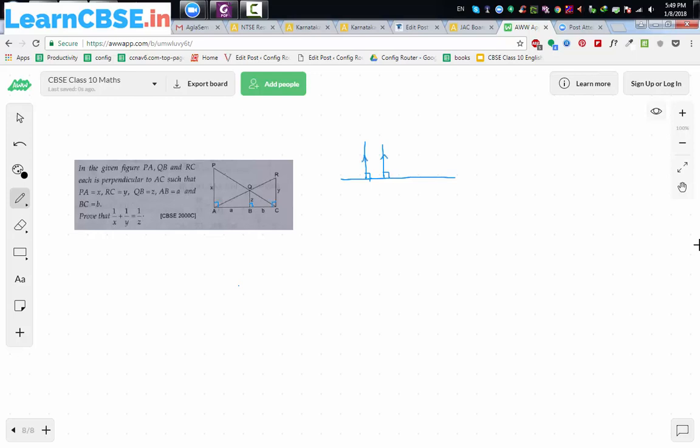Here we have three lines which are perpendicular to the same line, so all these three are parallel. That's what we can say from the first statement given in the question. So we can say PA is parallel to QB is parallel to RC.